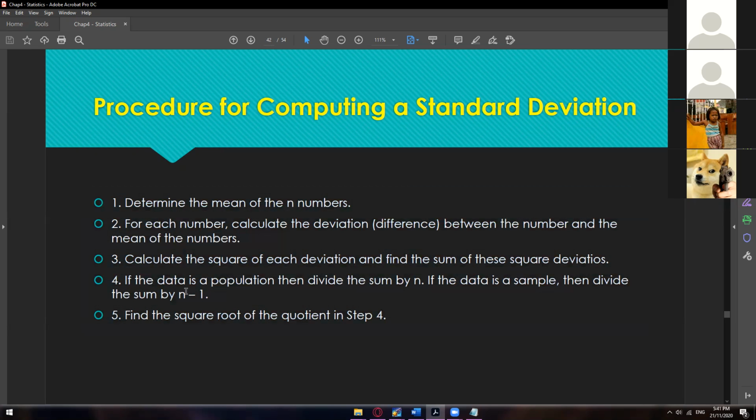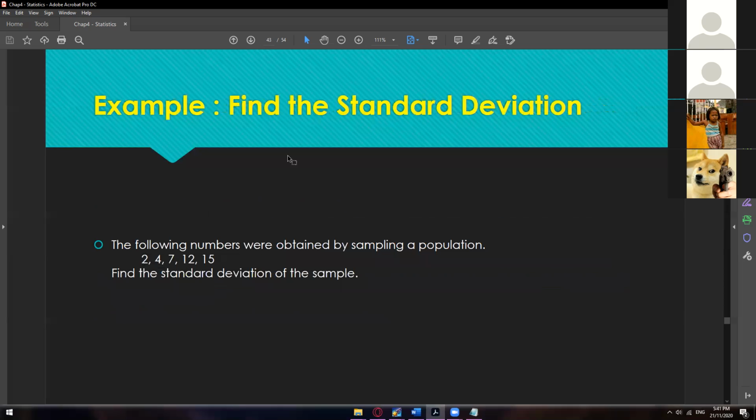For you to understand this a little bit more, let's have an actual example. Find the standard deviation of this example. The following numbers were obtained by sampling a population. Our data came from the population, but it is just a portion, which is a sample.